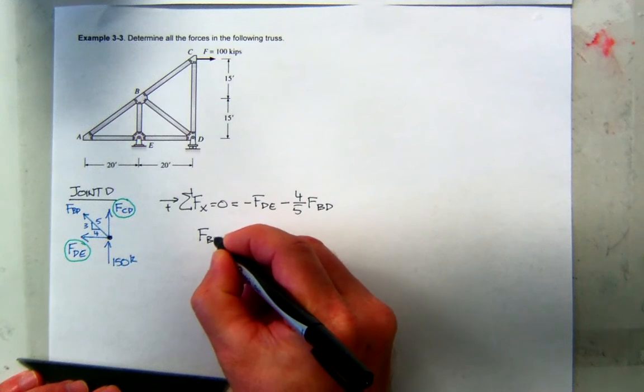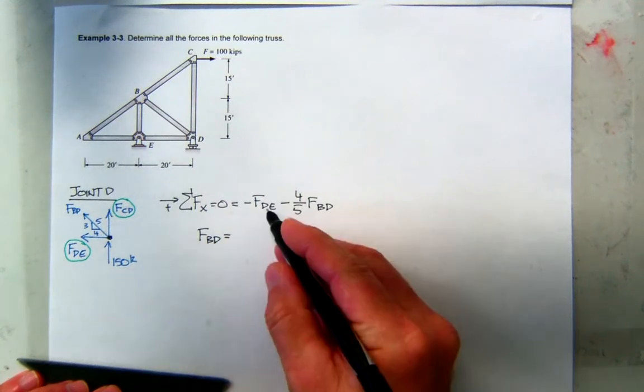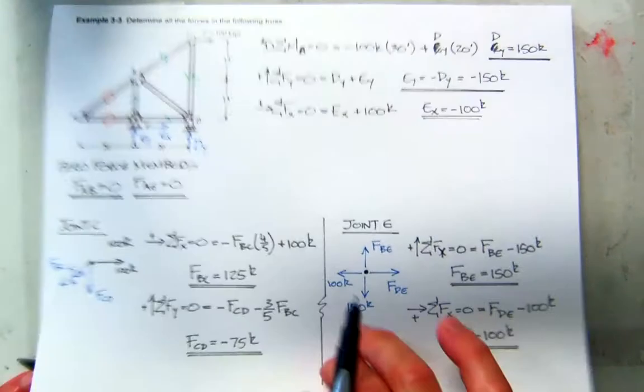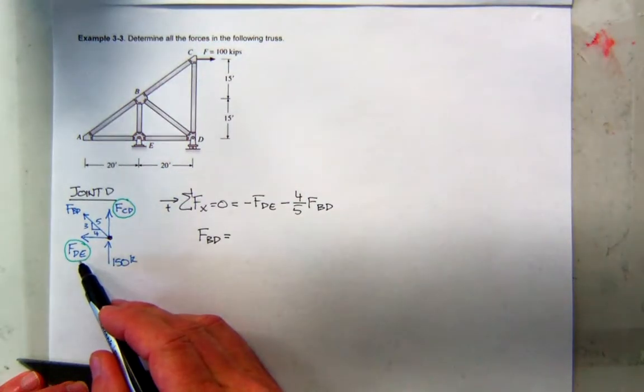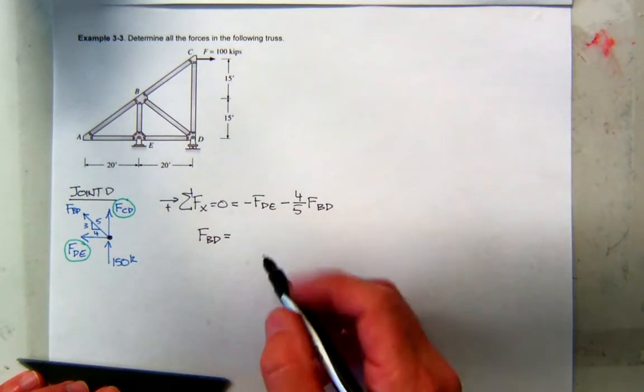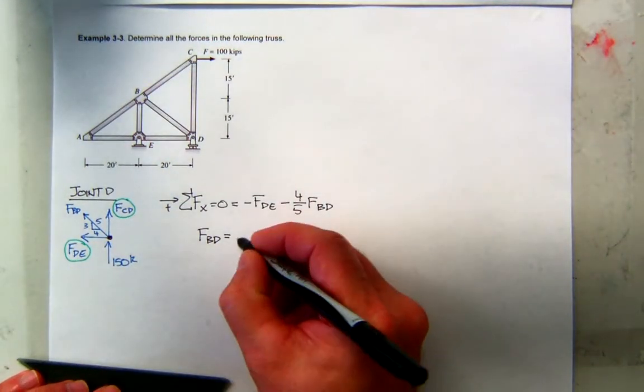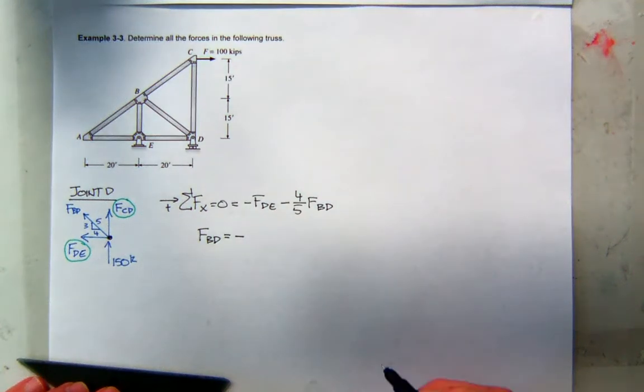I don't know what CD is. What do we get for ED? I got positive 100, right? So this is positive 100. So it looks like this is going to be negative. Looks like it's going to be negative 125.